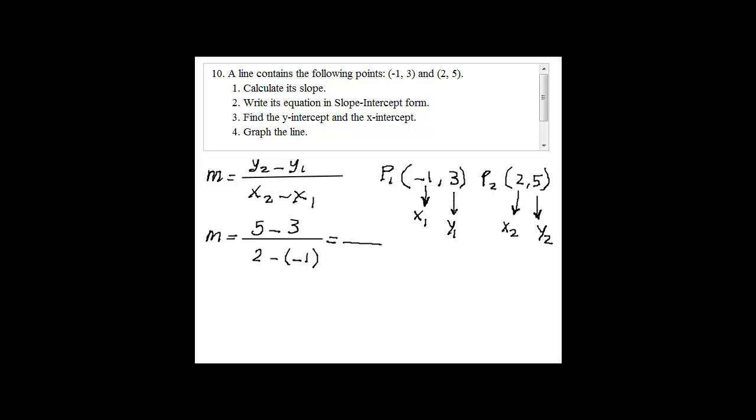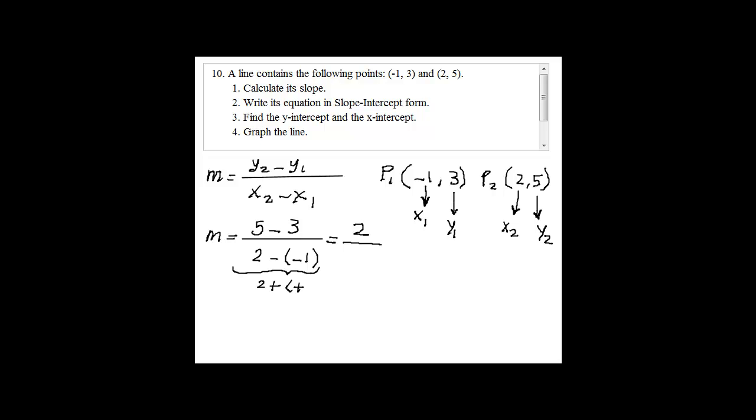Well, the answer is right in front of you. Maria, look at it carefully. At the top of the fraction, we have 5 minus 3, so that would be 2. And then here we have 2 minus minus 1, which is the same as 2 plus 1.